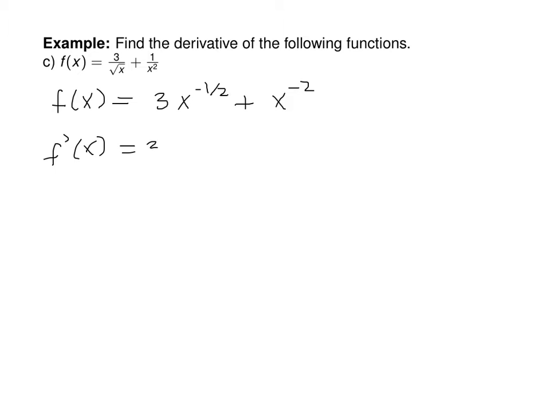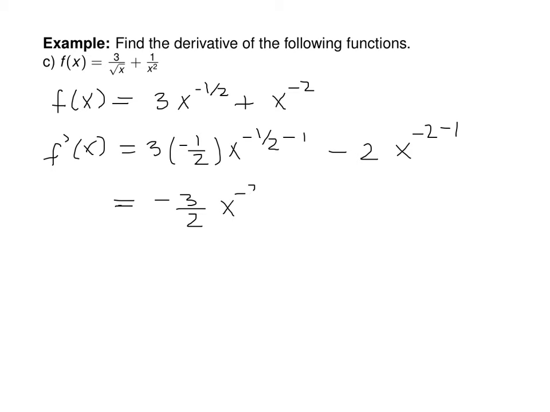So we'll have 3 times negative 1/2 x to the negative 1/2 minus 1, minus 2x to the negative 2 minus 1. So that is negative 3 over 2 x to the negative 3 over 2 minus 2x to the negative 3. And it's best to give your final answer with negative exponents put back in denominators if they need to be.